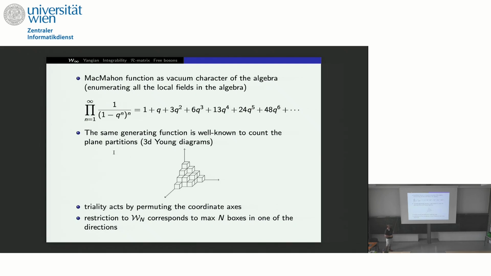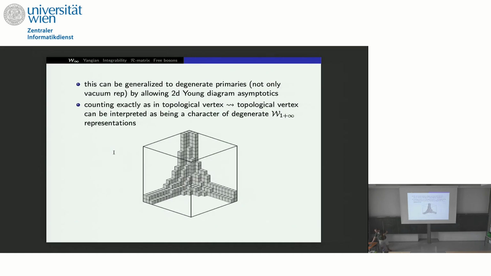Typically, most of the representation theory questions can be answered in terms of the combinatorics of these 3D Young diagrams. And you don't need to study only the vacuum representation. You can study other primaries too, and they just correspond to turning on some non-trivial asymptotics along the coordinate axes.